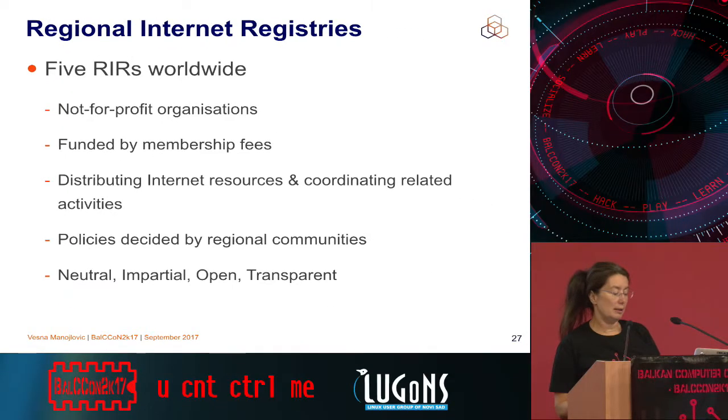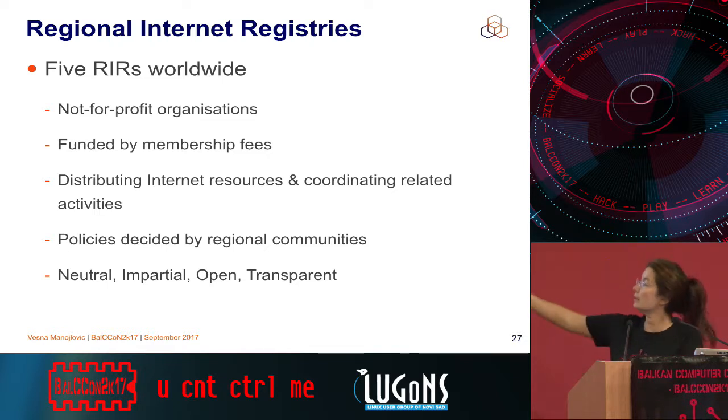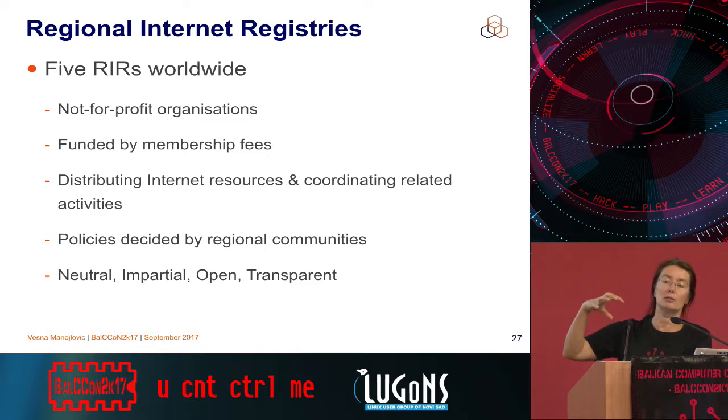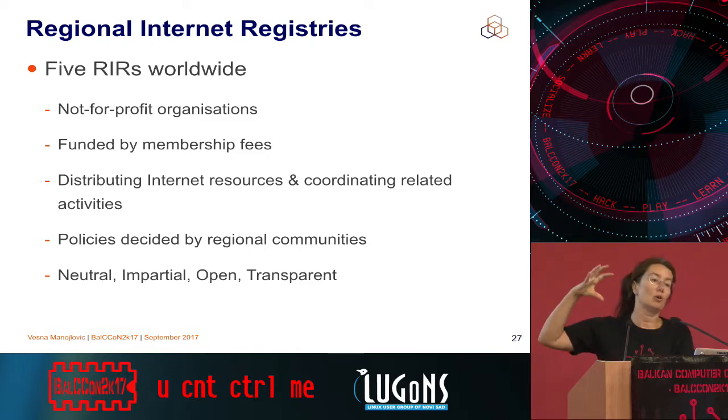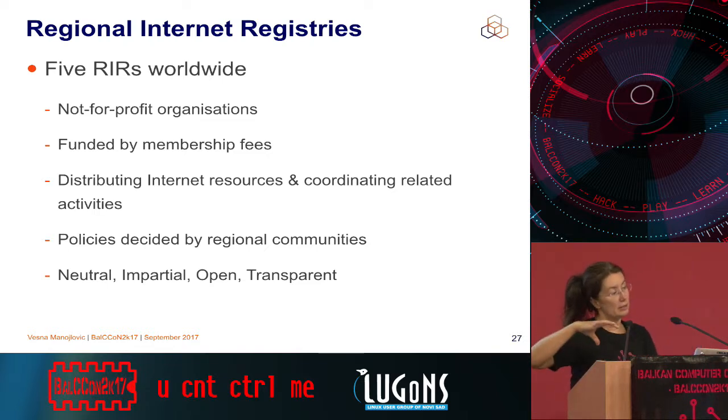And in addition to this main job, we also have other projects like collecting a lot of internet measurement data. Because we are already a neutral, impartial, open, and transparent organization that everybody trusts, they also trust us with running this kind of measurement collection and trust us that we are going to do it in an ethical way. So I'll get back to that.